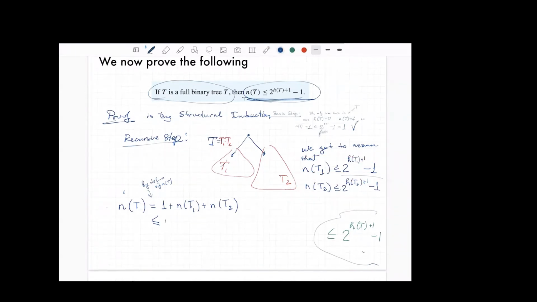So this is going to be at most 2 to the height of T1 plus 1, minus 1, plus the second number of nodes, at most 2 to the power of its height plus 1, minus 1.